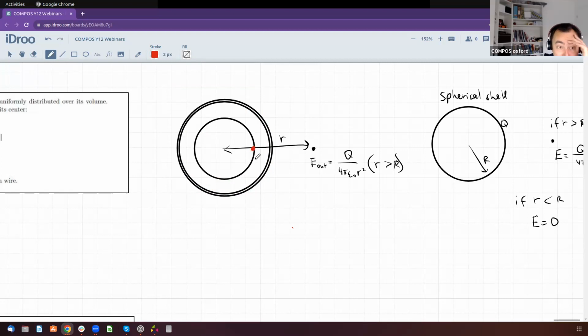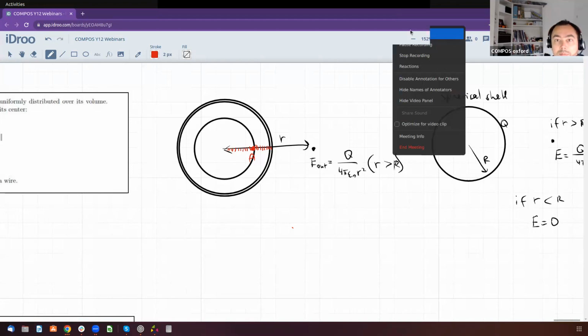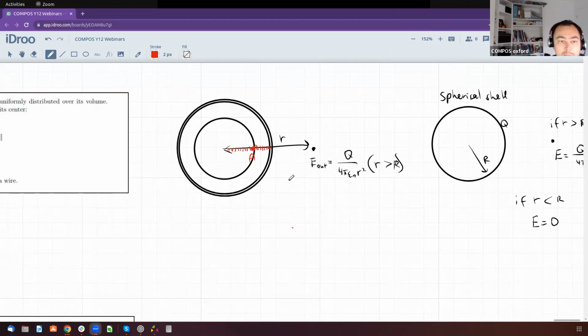Now, if we are at point A, we are inside all of the spheres, all of these shells that are further away from the center, but we are outside of all of these shells. Does that make sense?